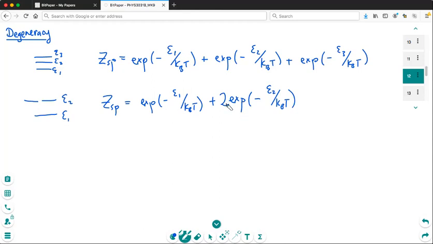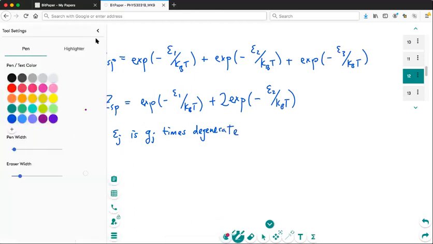So you have twofold degeneracy, degeneracy is 2, so this is a 2. And if you have g times degeneracy, then your partition function will include this factor here. So if you include degeneracy, suppose epsilon j is this much degenerate, then the partition function is simply rewritten like this.